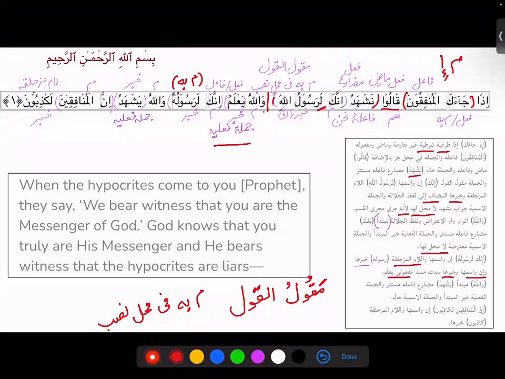So can we say that innaka is a maf'ul bihi one and la rasuluhu is a two? No, because this is all one sentence, all one connected sentence. Yeah. We need two maf'ul. There should be literally two maf'ul. For example, when I say khalaqallahu, Allah created.